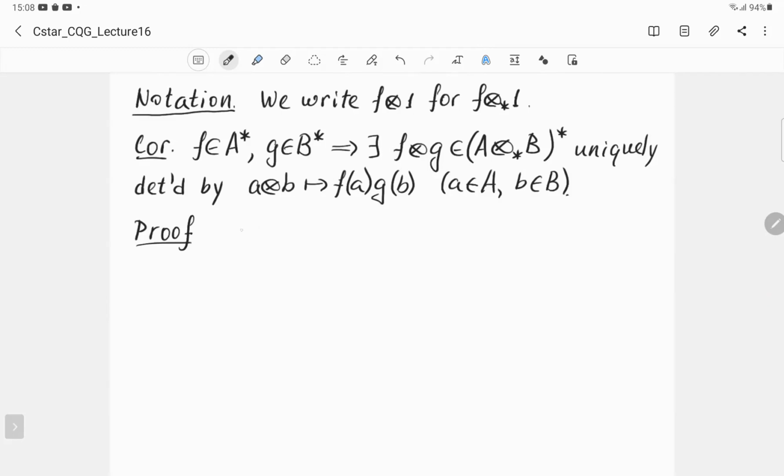We simply define this functional as the following composition. And this is exactly what we want to construct. It takes A tensor B to f of A g of B, or equivalently, we can write also g applied to f tensor 1. This gives us the same map.